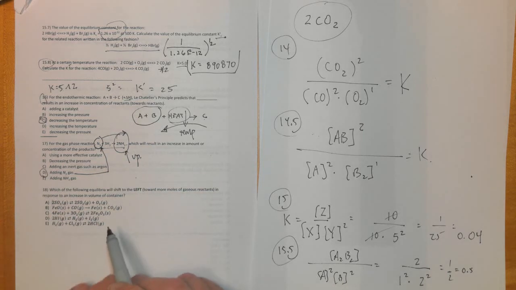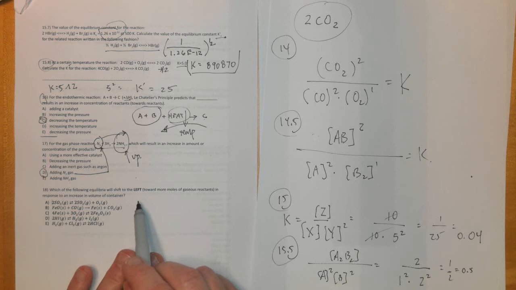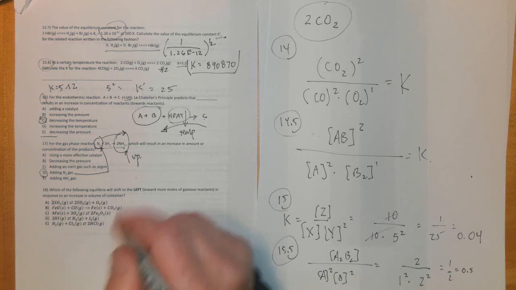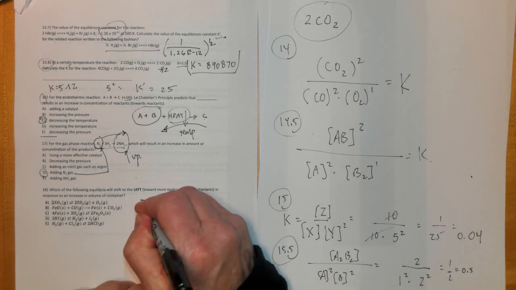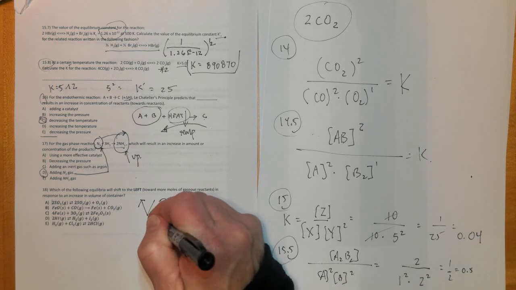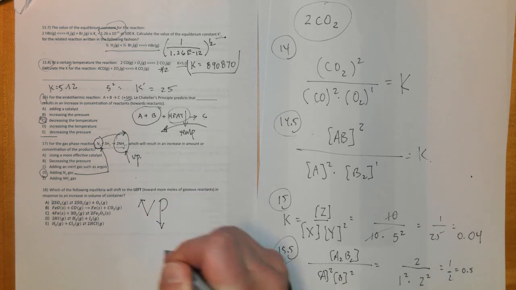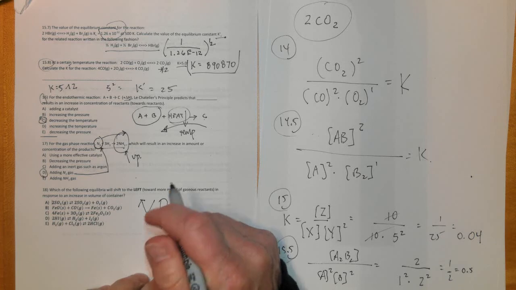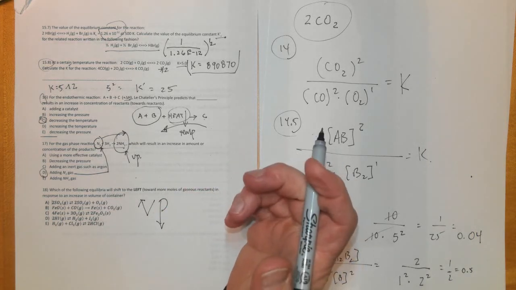And then number 18, which of the following equilibria will shift to the left towards more moles of gaseous reactants in response to increasing volume of a container. Remember, if you increase the volume, you decrease the pressure, and if you decrease the pressure, you'll shift to the side with the most moles of gas.